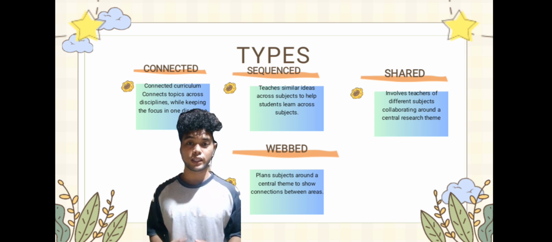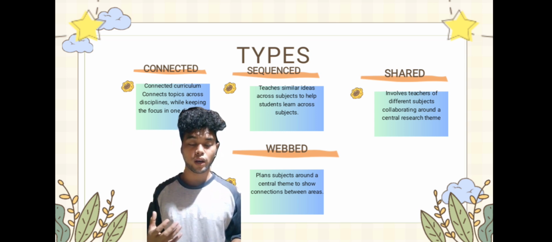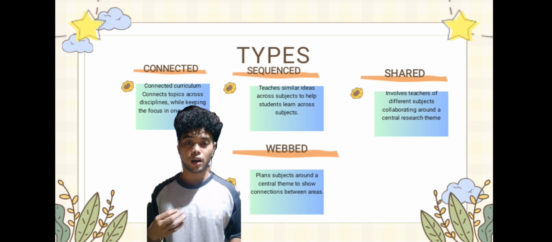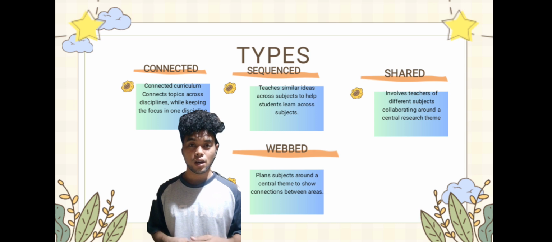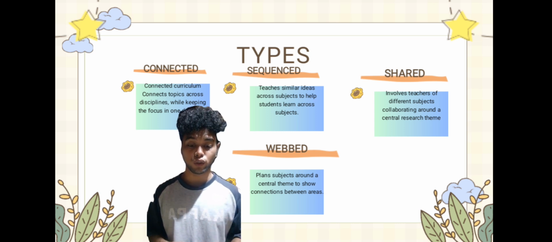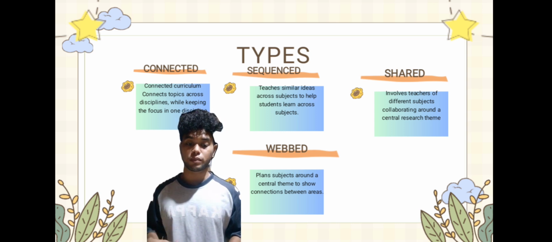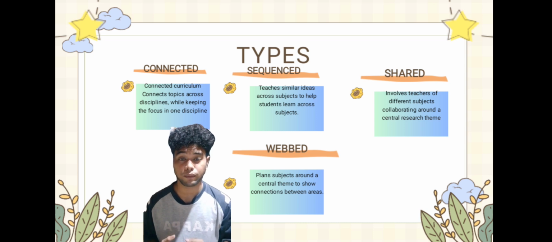The third one is the shared, where the teachers use their planning time to create an integrating unit among two disciplines. This requires a lot of communication and collaboration among the teachers. And lastly, the webbed type.